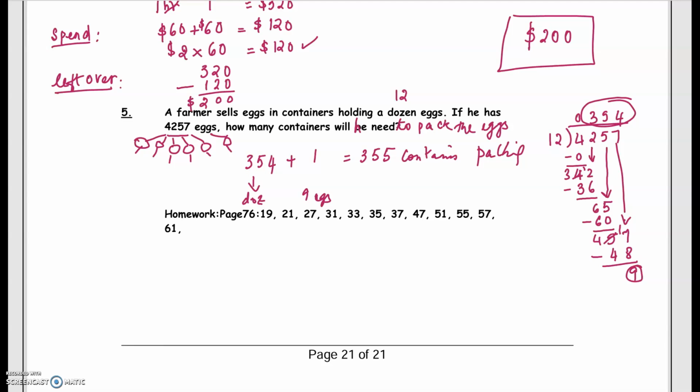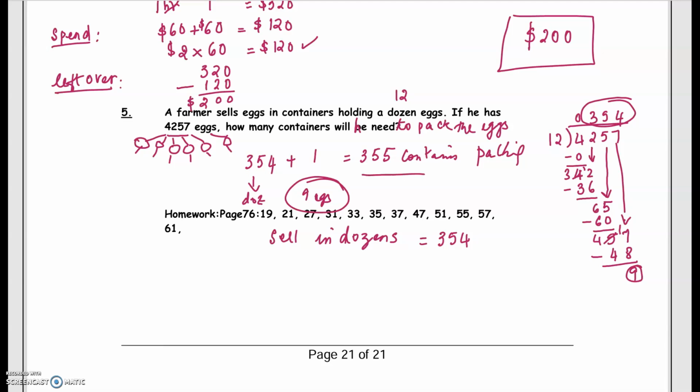But if I say he can only sell in dozens, how many containers can he sell? Then the answer would be 354, because he cannot sell the 355th container because it contains only 9 eggs. So think carefully when you're dividing. Present your answer carefully.